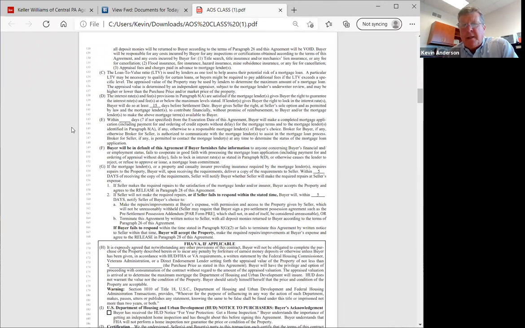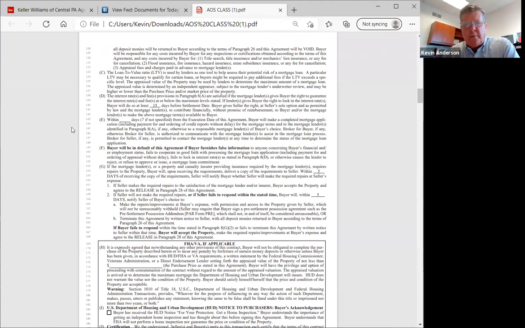Within blank, here's another standard date, 7 if not specified days from the execution date of this agreement, the buyer will make a completed mortgage application, including payment for and ordering of credit reports without delay for the mortgage terms and to the mortgage lender identified in paragraph 8A, if any, otherwise to a responsible mortgage lender of buyer's choice.